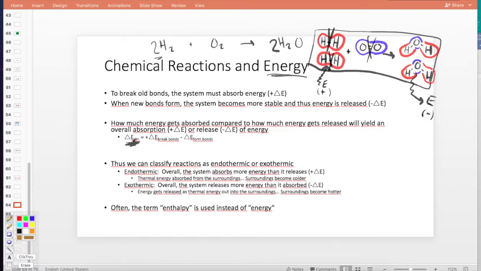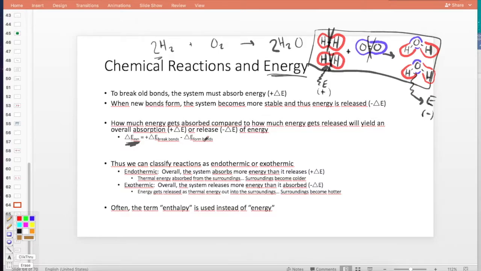The energy change of the reaction is equal to, very simply, the sum of these energy changes. How much energy had to go in to break the old bonds, minus how much energy had to come out to form the new bonds.